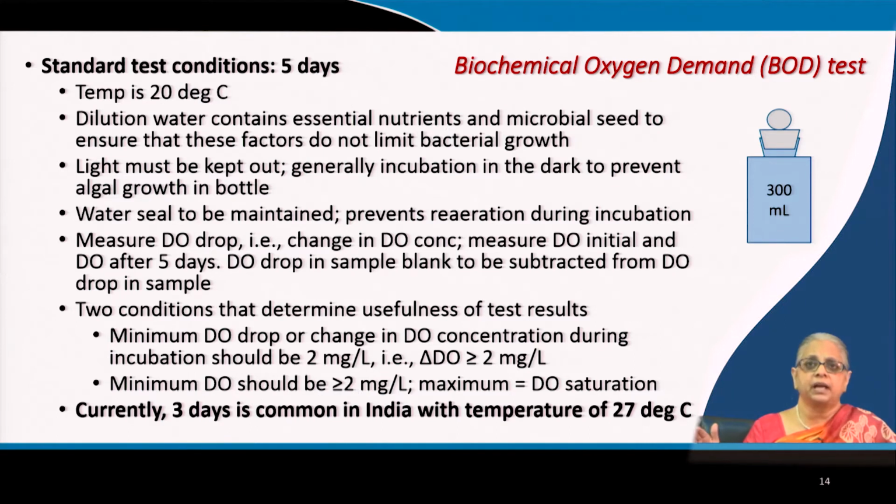All the other inorganic nutrients, nitrogen, phosphorus, sulfur, iron, calcium, magnesium, manganese, you name it, any of the nutrients have to be in surplus amount, and it should be limited by carbon only to ensure that none of these micronutrients will limit bacterial growth. So you are in a sense optimizing the growth of the bacteria and ensuring that only one nutrient, in this case the carbon containing substrate, is going to be the limiting nutrient.